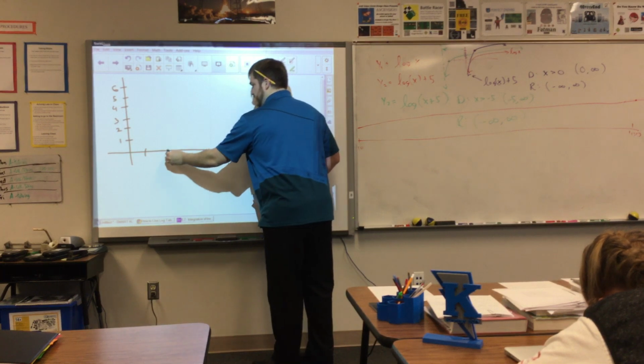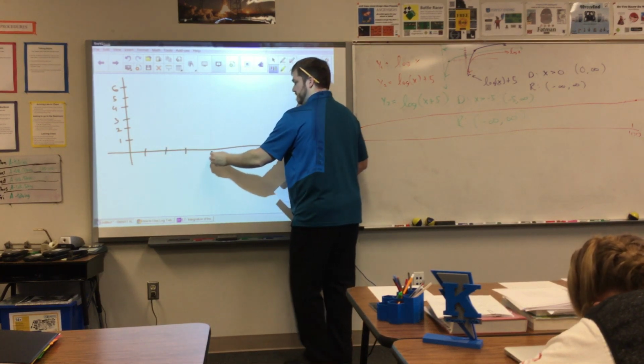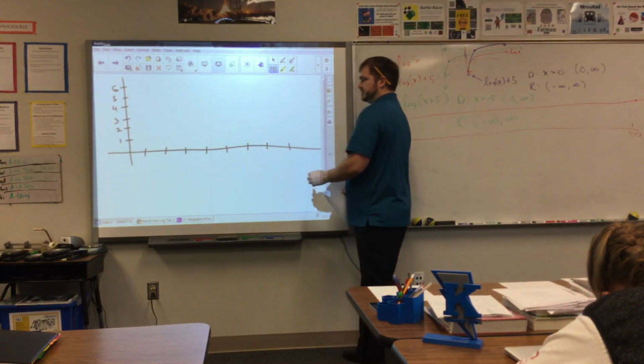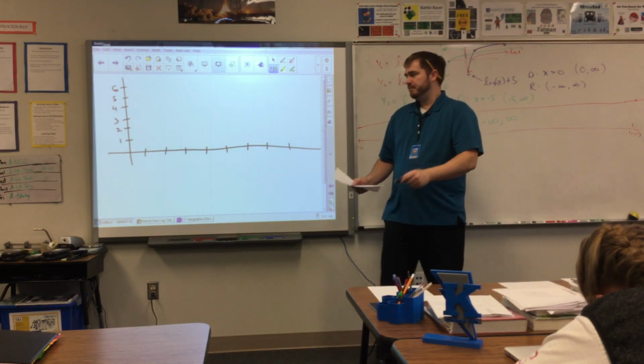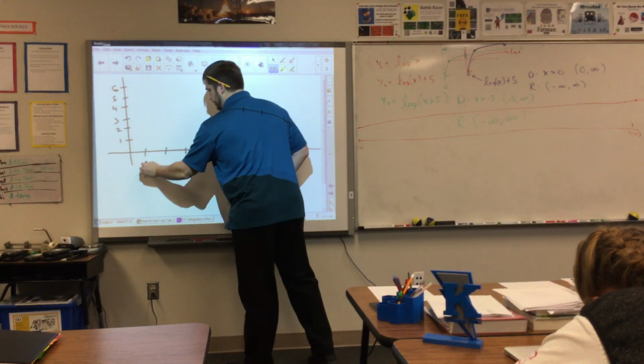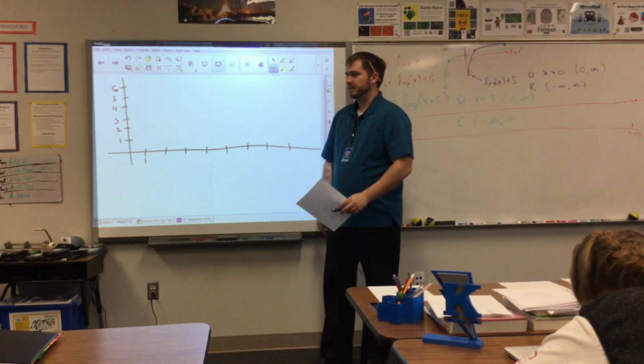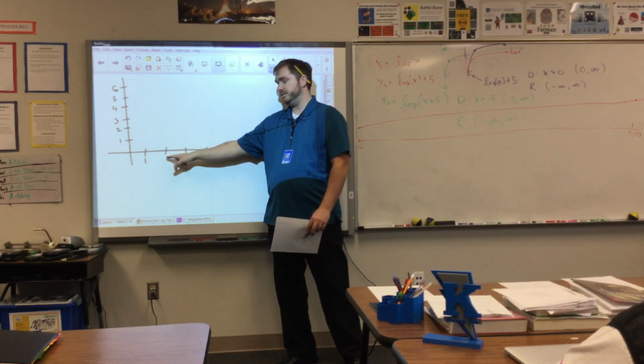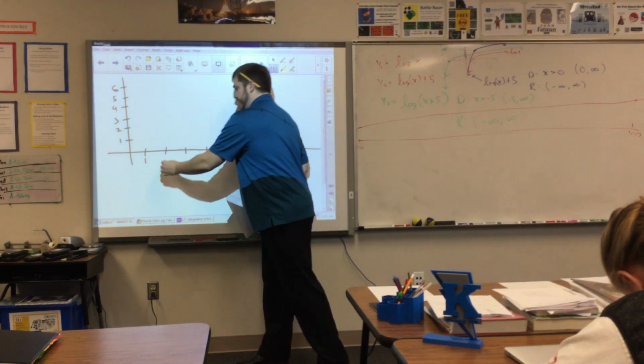On my x-axis, the distance between each one of these little tick marks is going to be the same. And I'm going to put 1 right here. But on this second tick mark, I'm not going to put 2. I'm going to put 10.